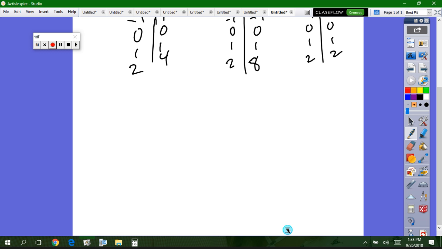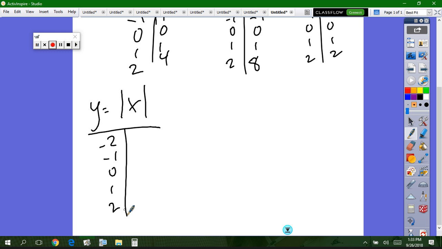You guys did that before. What do they look like? Don't they look like a V? Okay. What are some nice values to plug into that? Same thing still, right? Still can use my Fab Five, correct? It looks like a V.